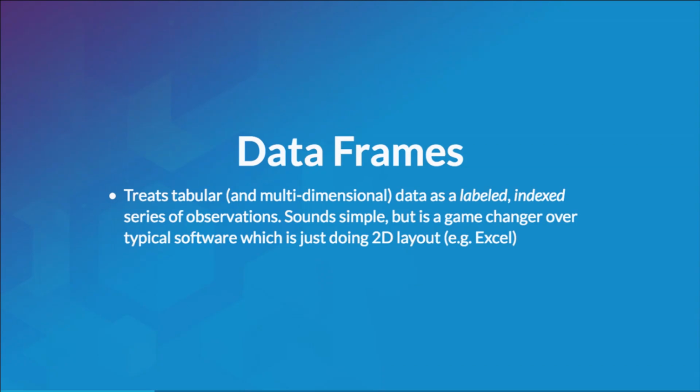Data frames are a particularly interesting thing, so I'd like to highlight them, and it's something that I really, really like. Basically, the idea is that you store your data. It could be just tabular data, but it also could be multidimensional data, and you store it in a way in which all of the variables that you're capturing are labeled specifically, and each observation you have is indexed.